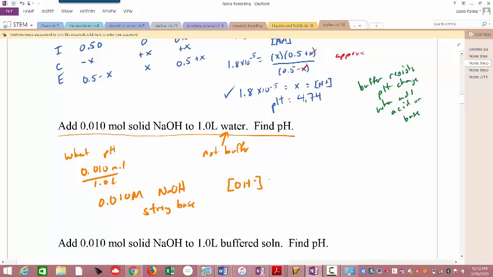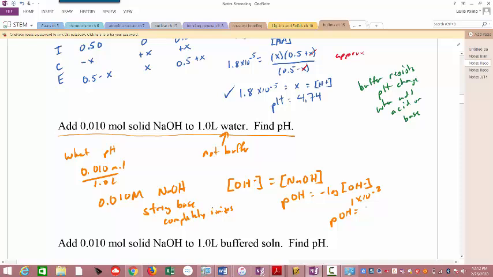So the OH concentration is equal to the whole concentration of the base, because strong base means completely ionizes or dissociates. So the pOH is negative log of the hydroxide ion, and our hydroxide ion here is 1 times 10 to the minus 2.